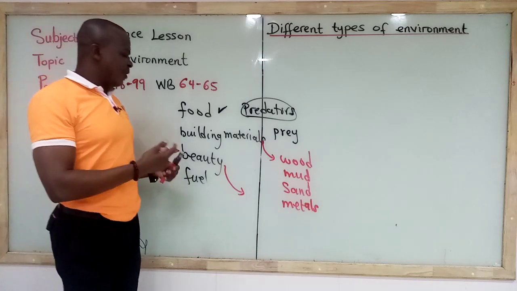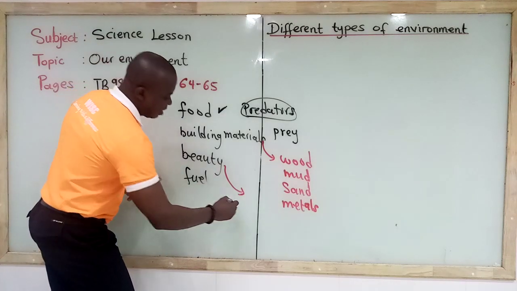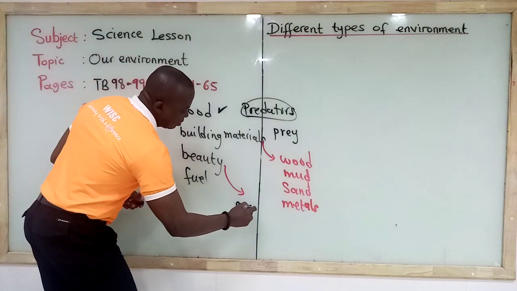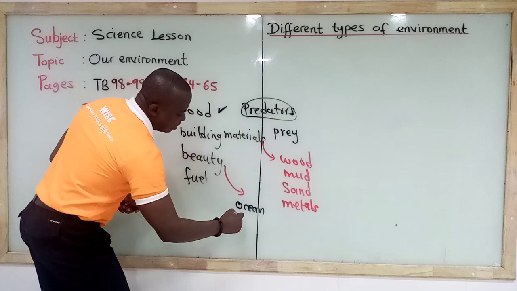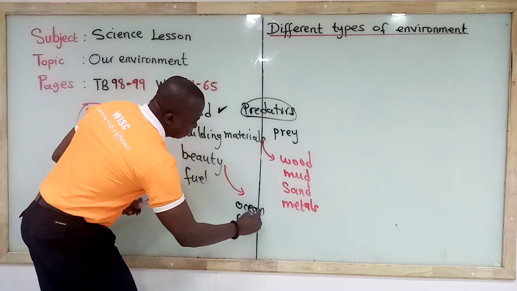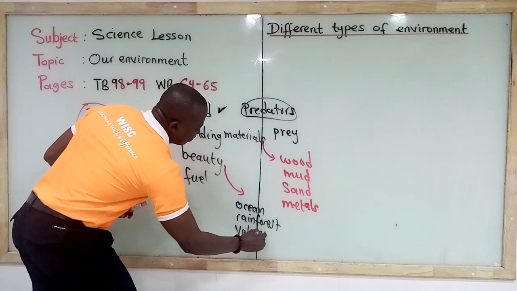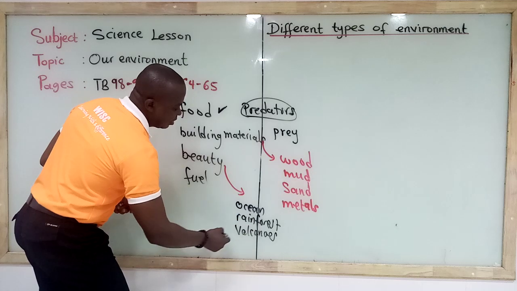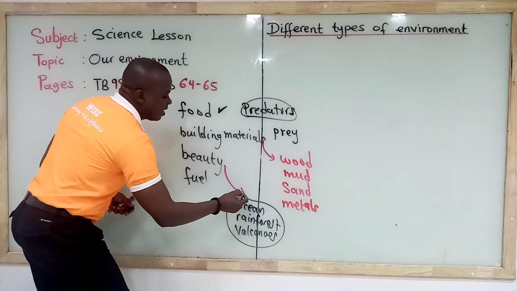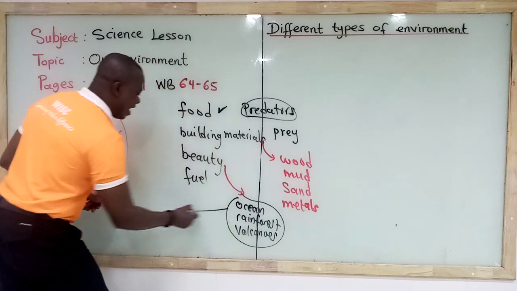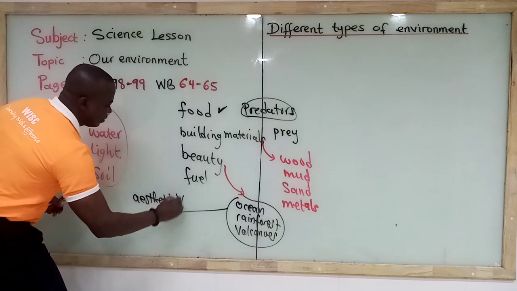The environment itself, for example, our natural environment like oceans, rainforests, volcanoes, provides us with what we call aesthetic value.